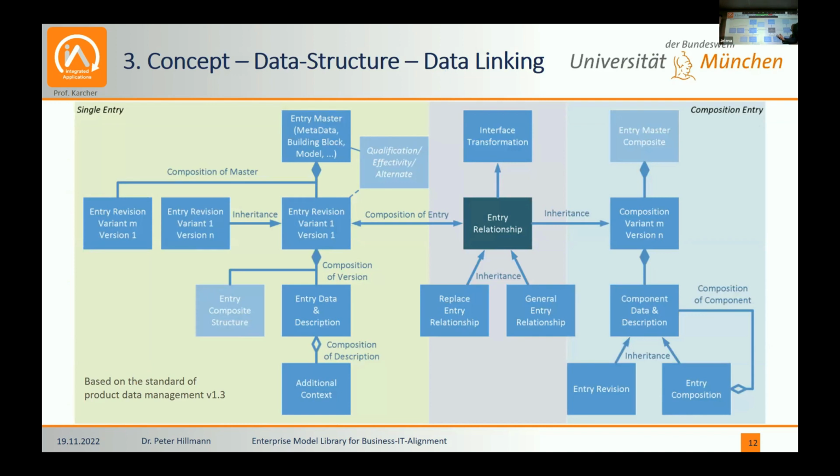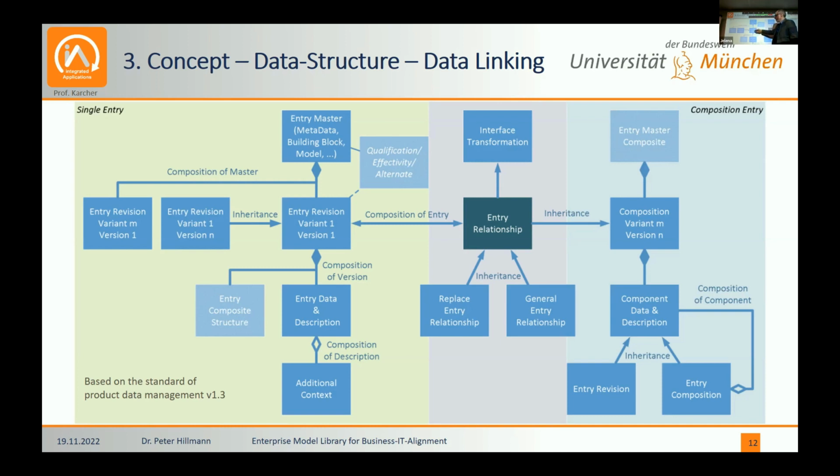How could such a data structure look like? I directly adapted the design from the standard of product data management. This is a standard which is usually used for product lifecycle management. It comes from the mechanical area, but we can directly adapt it here. We have a master entry, and from this entry, we have a specific version and variant.